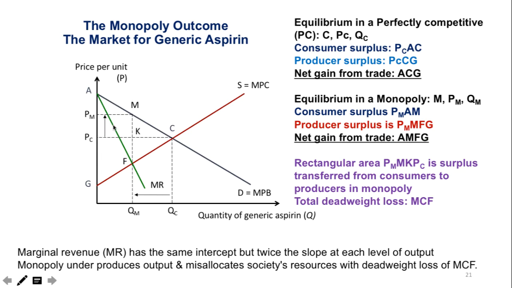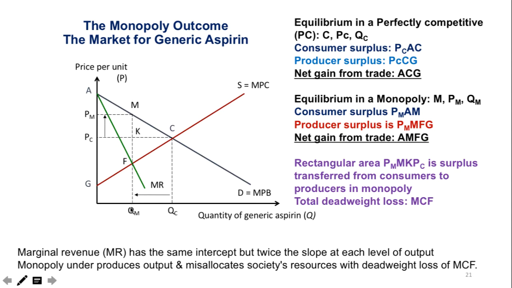So what happened to this rectangle that the consumers lost in monopoly? Actually, the producers get that. So the producer surplus is PMMFG. The producers are taking this rectangular area of PMMKPC from the consumers by setting the price higher than the perfectly competitive market and setting the quantity lower.